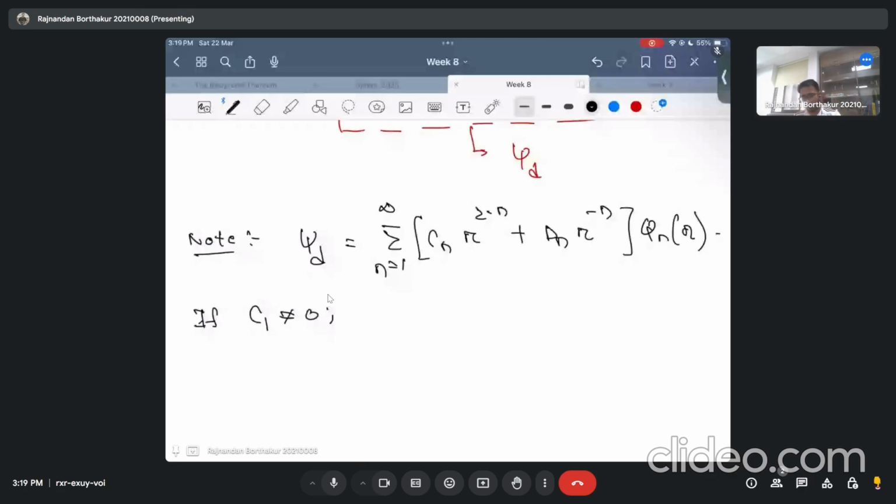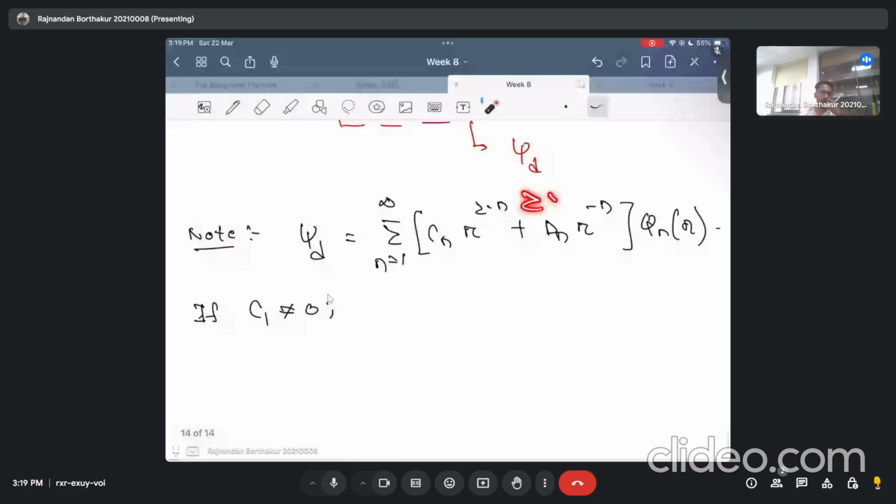Because if n is 1, I have r power 2 minus 1, which is r, and for all other values of n greater than 1, this 2 minus n would be less than 0, to be precise, for n greater than or equal to 2.